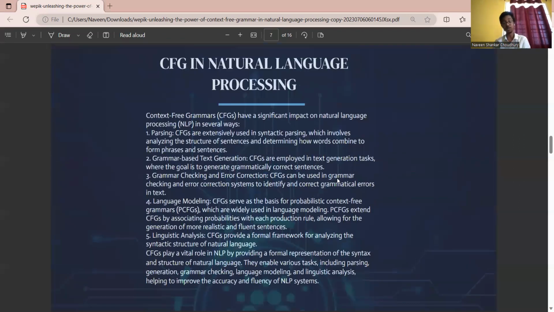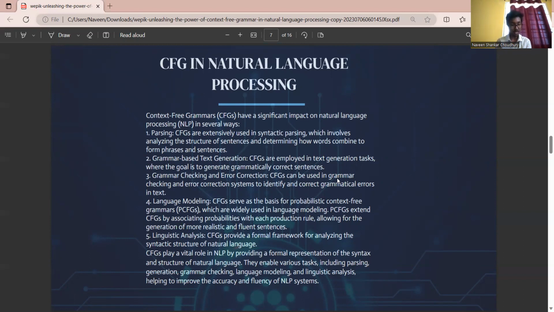So one of the most important topics again is the application of CFG in natural language processing. CFGs have a significant impact on natural language processing in several ways. First, parsing. CFGs are extensively used in syntactic parsing, which involves analyzing the structure of sentences and determining how words combine to form phrases and sentences.